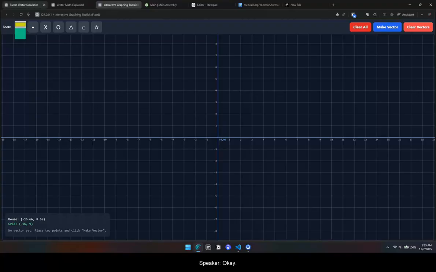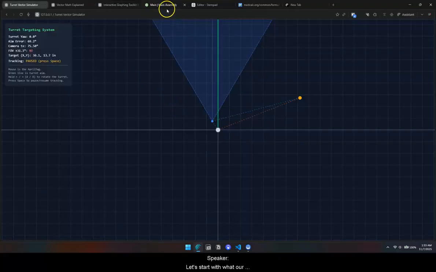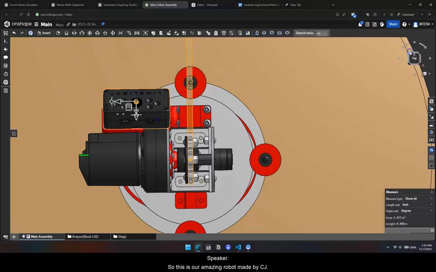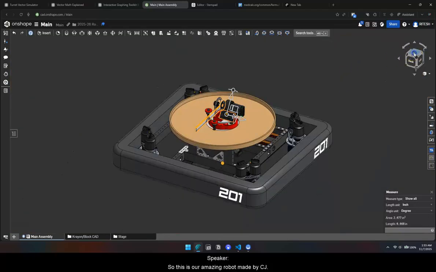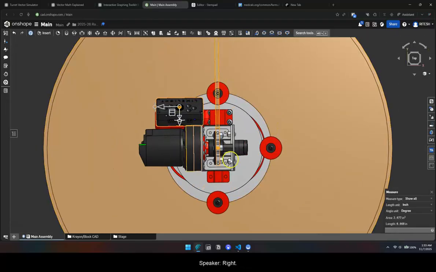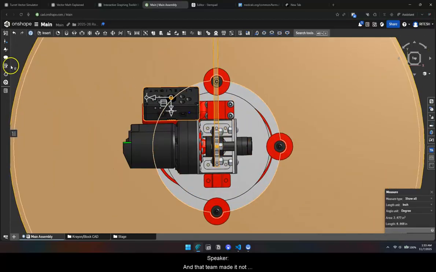Let's start with what our problem is about. I know most people know exactly what our problem is, but I do want to go over it just to make sure. This is our amazing robot made by Sachit and the team, not just Sachit.